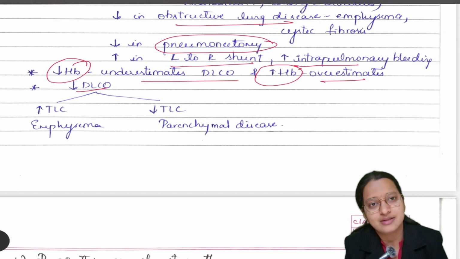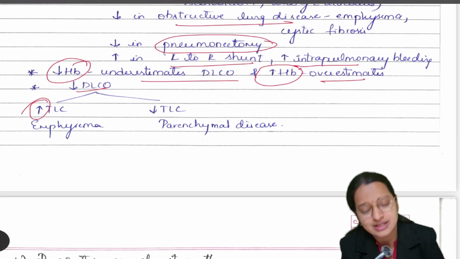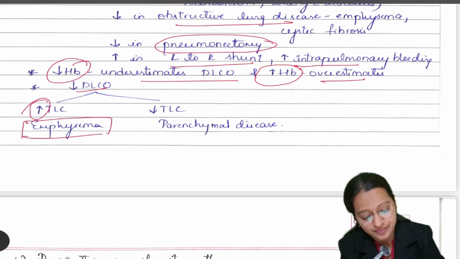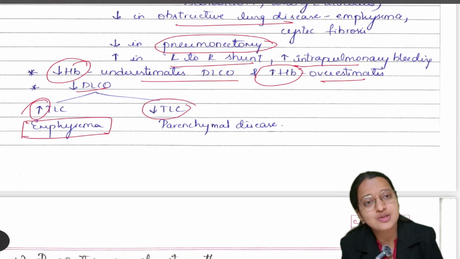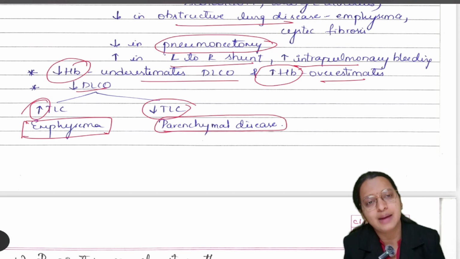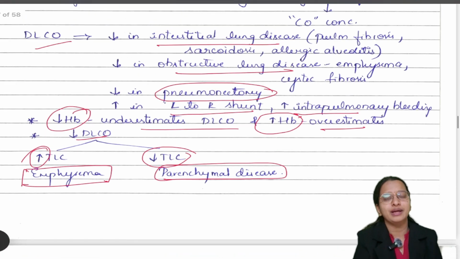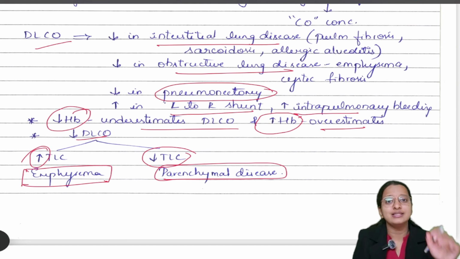Okay. Now you have calculated DLCO. If it is decreased, you have to see the total lung capacity. If the total lung capacity is increased, it means emphysema. If the total lung capacity is also decreased along with the DLCO, it means parenchymal disease. So you will be calculating DLCO by the single breath technique.